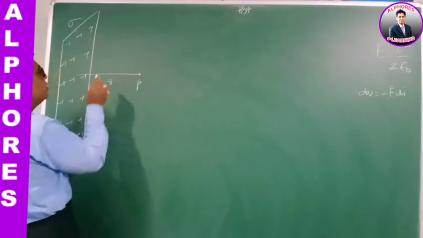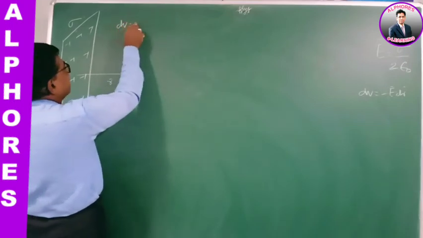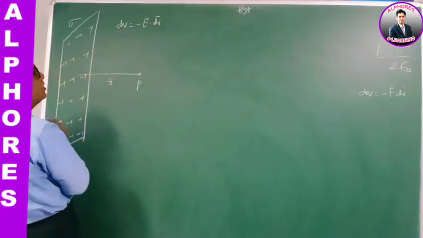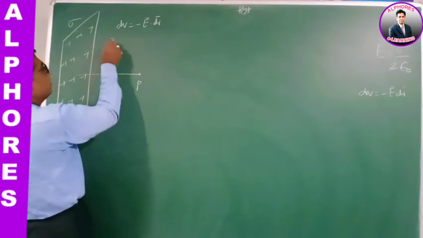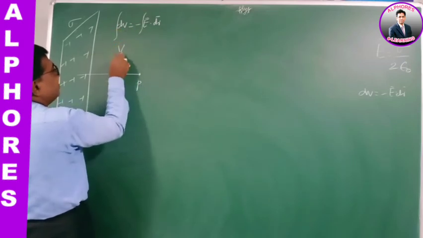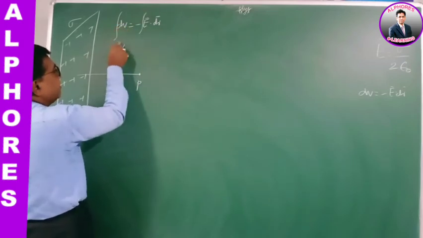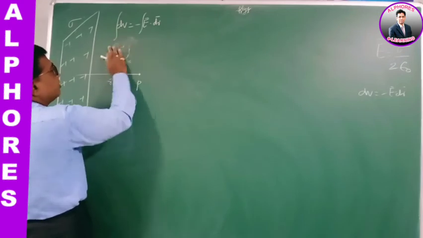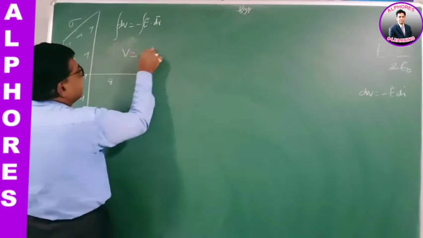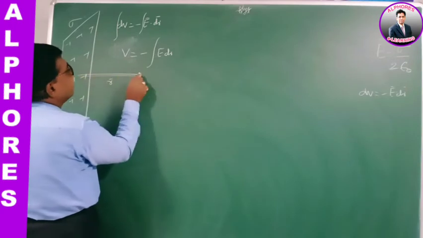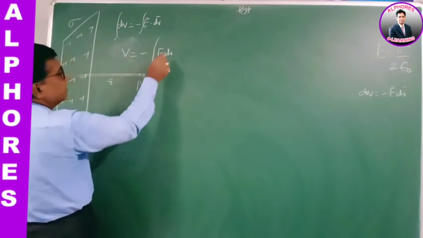So dV is equal to minus E dot dr. Integrating on both sides, taking potential at infinity as 0, the potential V is minus the integral of E dr, because the radius vector and the electric field vector are in the same direction.